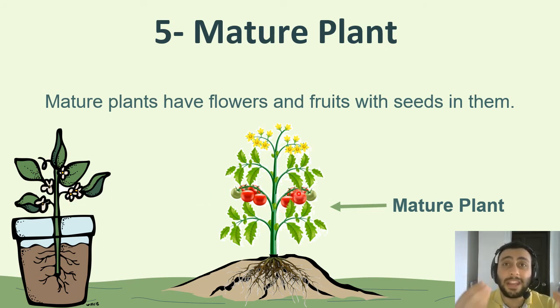That means it has seeds, and it will put the seeds everywhere using animals, humans, water, wind, even burst the seeds everywhere. It's already in that stage because now it has fruits with seeds in them. Very cool, right? So this is the last stage of a plant's life cycle. So mature plants have flowers and fruits with seeds in them.